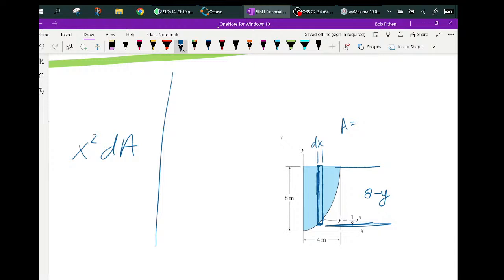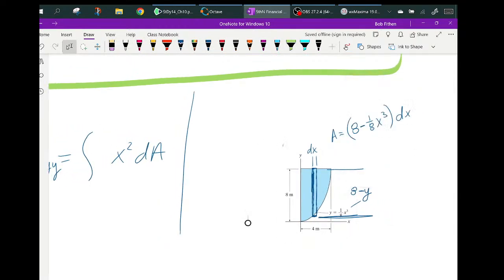But the y sits right there. So area is equal to 8 minus 1/8 of x to the third dx. Okay.